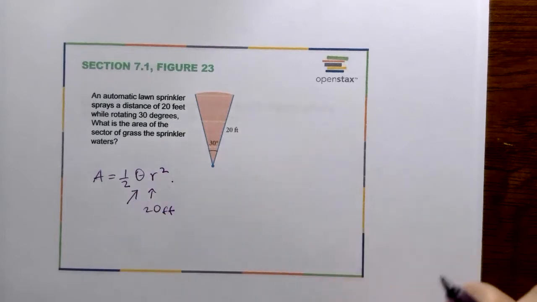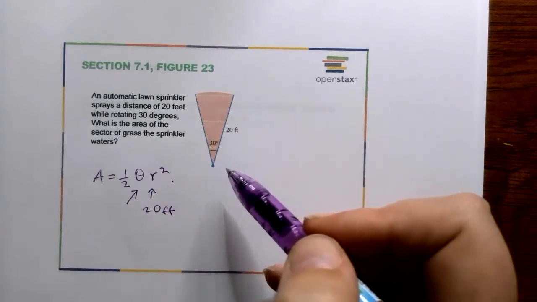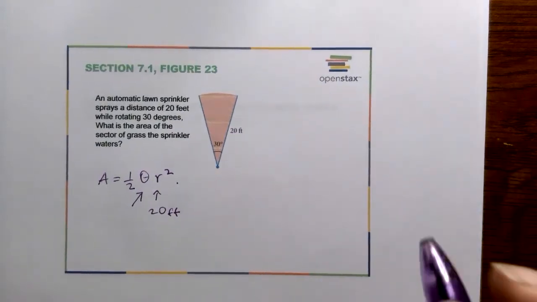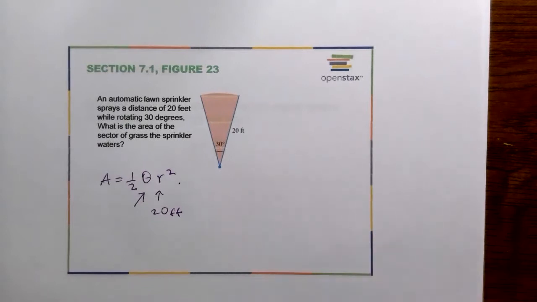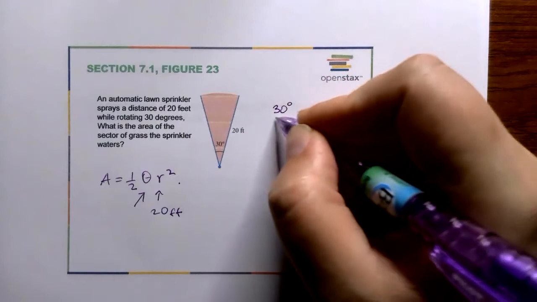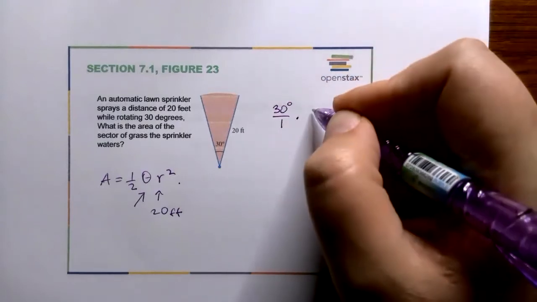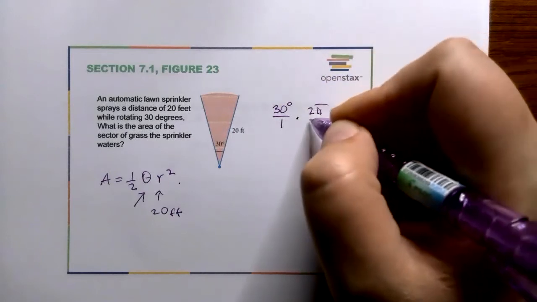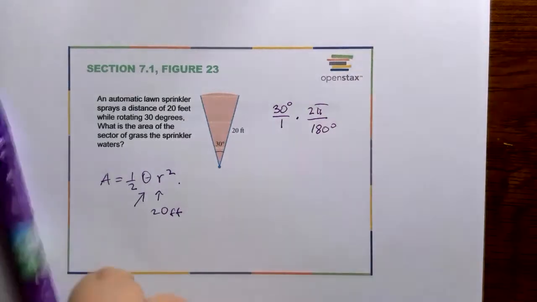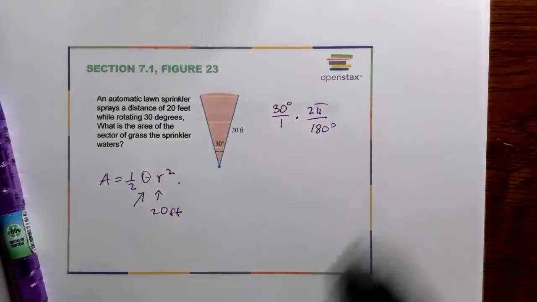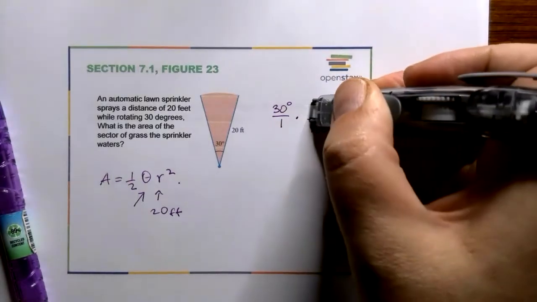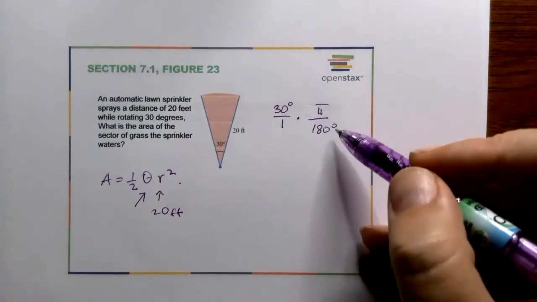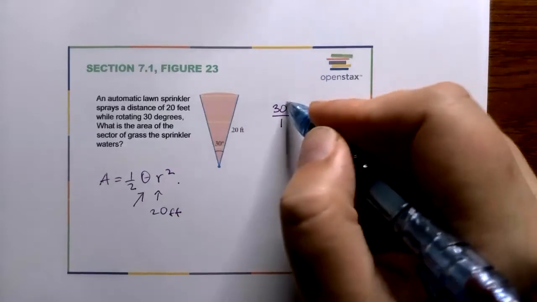So what about theta? Well, remember that our theta has to be in radians. So we have to convert 30 degrees into radians first. So 30 over 1 times 2 pi over 360, or just 1 pi over 180. Degrees cancel degrees.